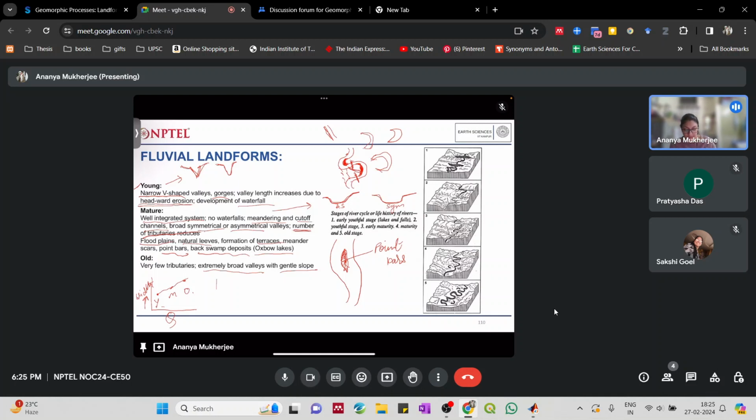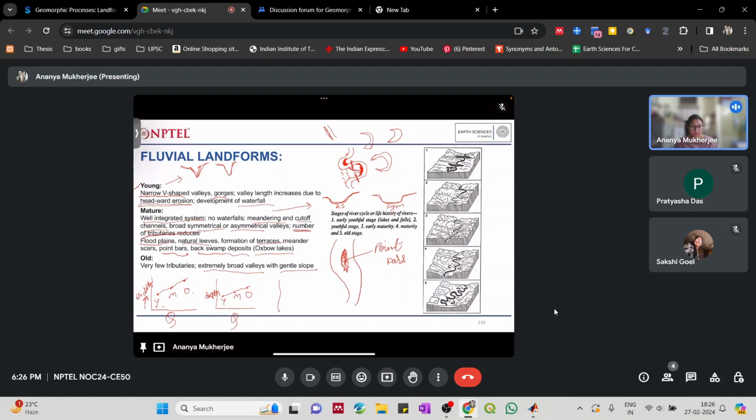If we consider depth versus the discharge for the younger, mature and the older stages, we can see it follows a similar trend as the width, and with increasing discharge, the depth has to increase from the younger stage to the older stage.